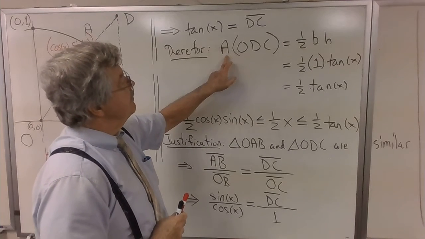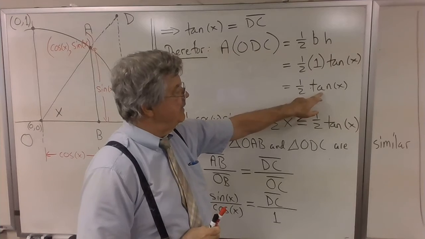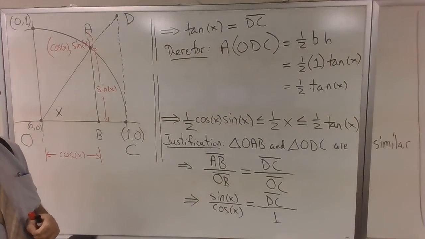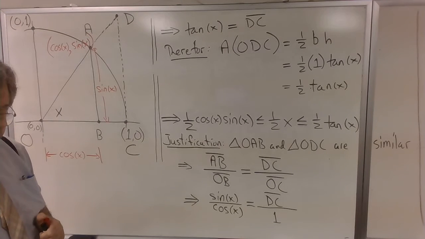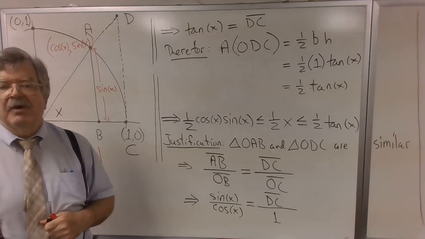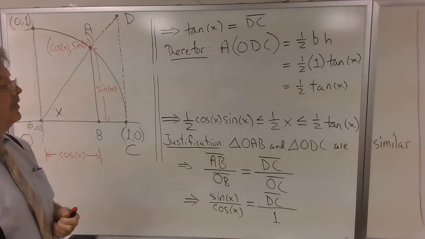So area of triangle ODC is 1/2 tangent x. That's what I was supposed to justify. Take a look at that for a couple of seconds before I erase it, and then I will get back to our proof.